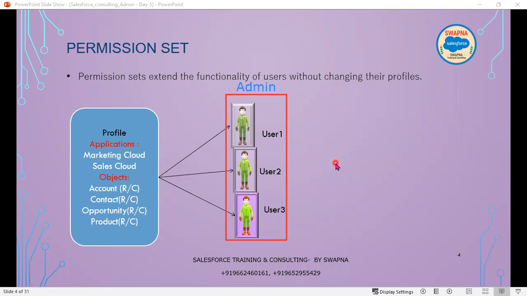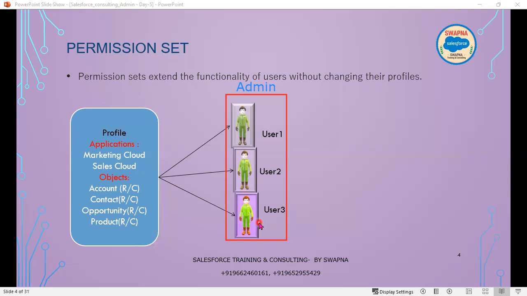For example, here we have user 1, user 2, user 3, all performing very well in the admin role. But user 3 is performing more than whatever user 1 and user 2 are doing. That means his performance is very good in work and the other activities also. Now the client has promoted them as senior admin.